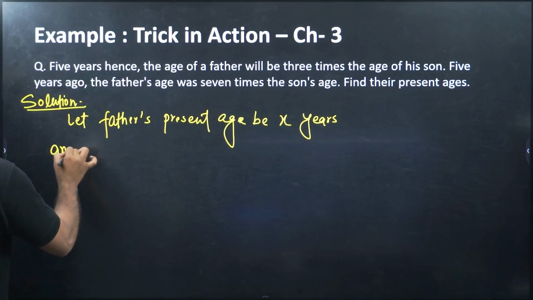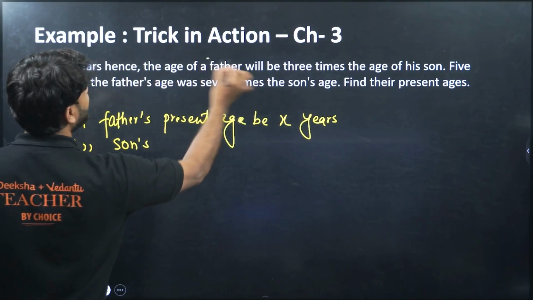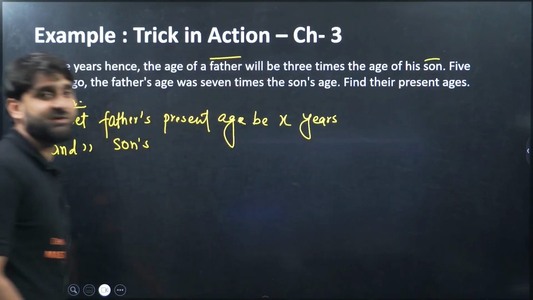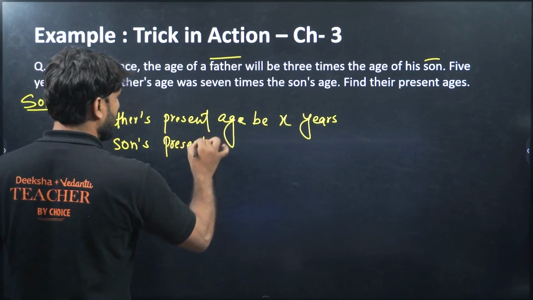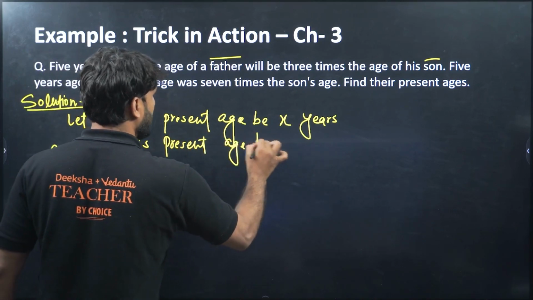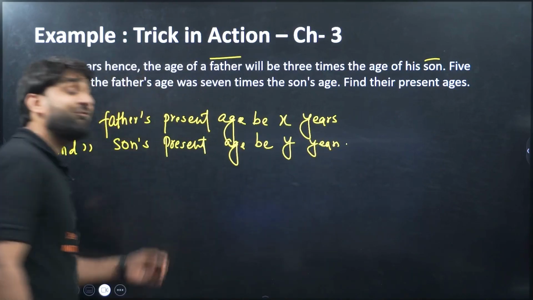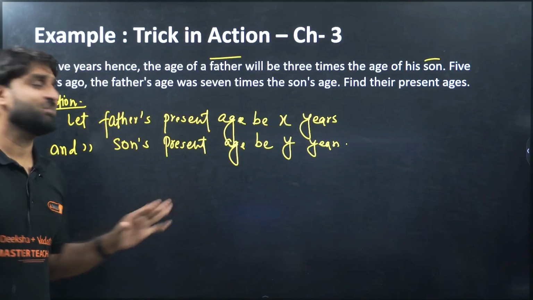And let the son's present age be y years. Two persons are there, father and son. So we have supposed. Now after doing this step successfully, read the question.